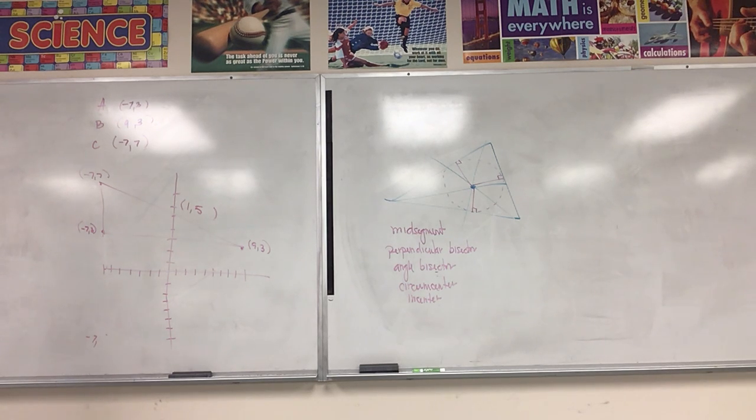Lauren? 100. Very good. All right. 35 on the next page, number 35. IJ is the mid-segment. IJ is 7. FH is 10. And GH is 13. Find the perimeter of each triangle. Perimeter of IJH. Roy?